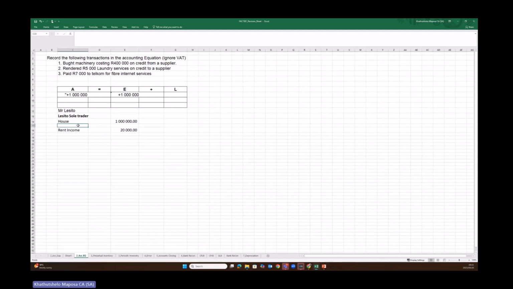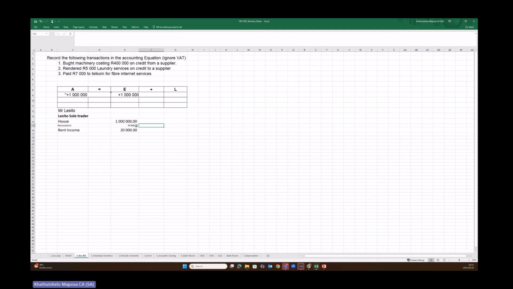When you do renovations, maybe in order to prepare the house to be rentable, maybe you can add another 50,000, which is for the renovations that you have spent.